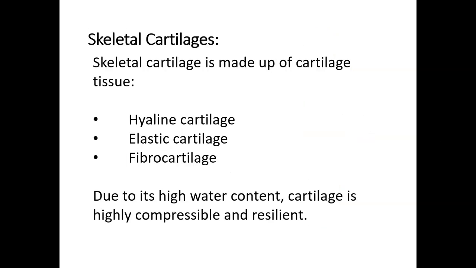All right, there are three types of skeletal cartilage. They are hyaline, elastic, and fibrocartilage. Hyaline looks like hundreds of eyes staring at you. It is a supportive tissue organ. It aids in bone development.